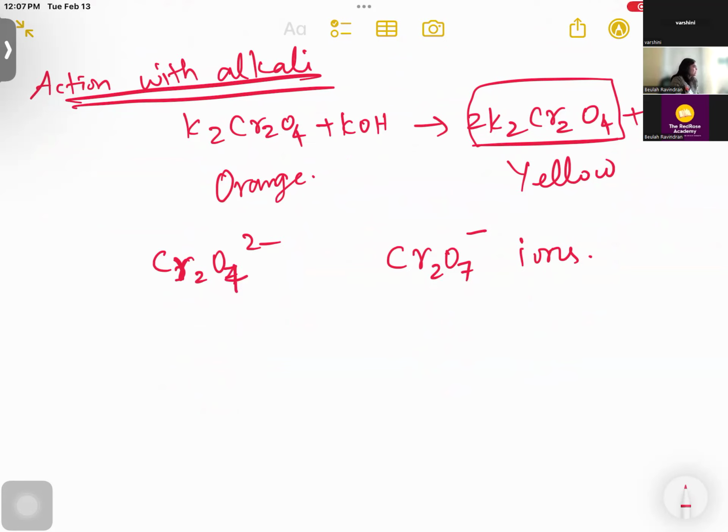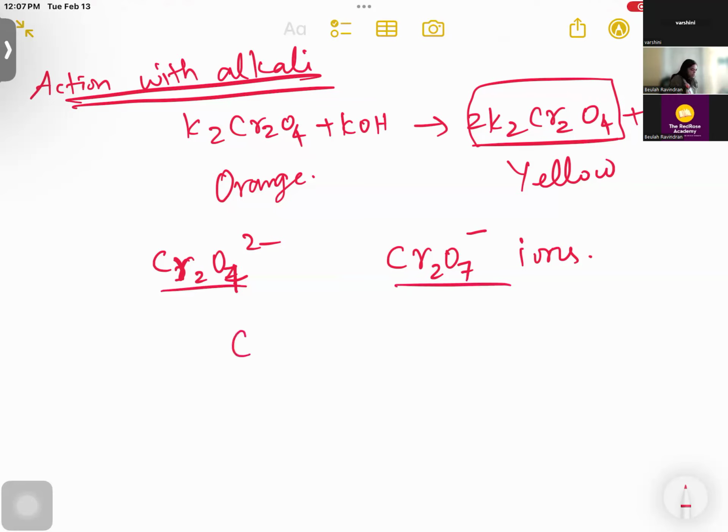Now only we have discussed, right? With the help of H plus ions. So it needs to mingle with alkalis. When it is mingled with acid, then what will happen? Oxygen is coming out, so it will become chromium trioxide like that. So it won't give you a perfect dichromate, so that follows so many steps. But with alkali, definitely these two maintain equilibrium.